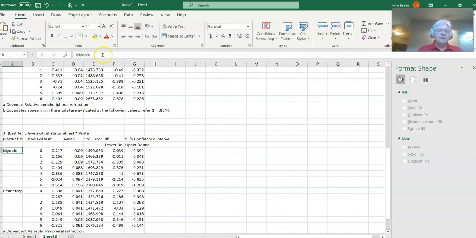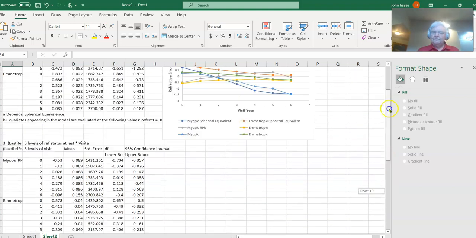Myopic is... I didn't make this exactly like I had. I didn't look. Legend titles are a little different, but you get the idea.